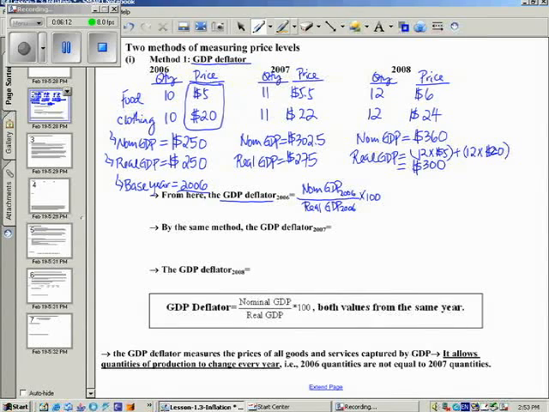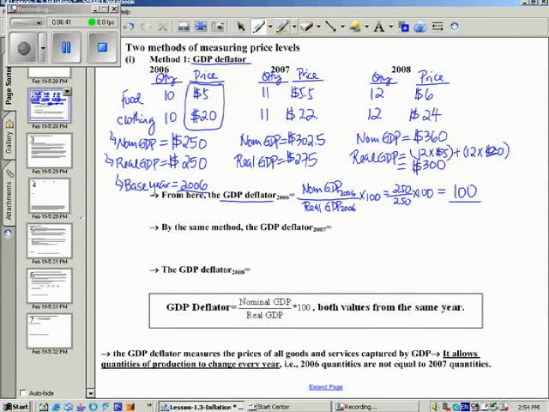Nominal divided by the real, both of the values belong to the same year. And very simply, this would be just 250 divided by 250 times 100. That would give us 1 times 100. Therefore, the GDP deflator for the base year 2006 is 100. That is the basis for my comparison.